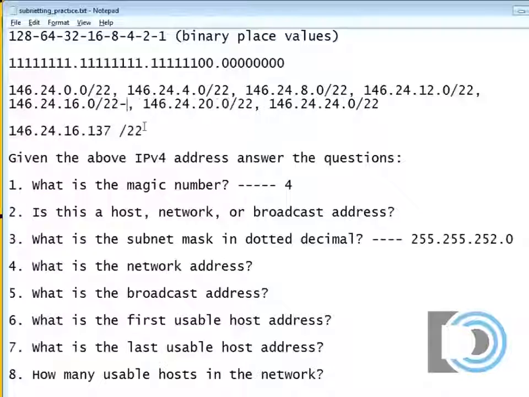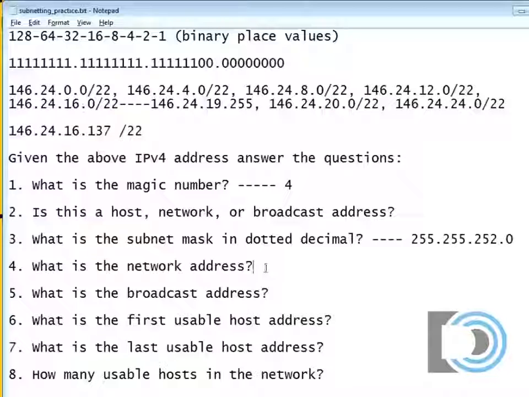The range is going to go all the way up to 146.24.19.255. All right? Why? Because 16.137 is in between 16.0 and 20.0.